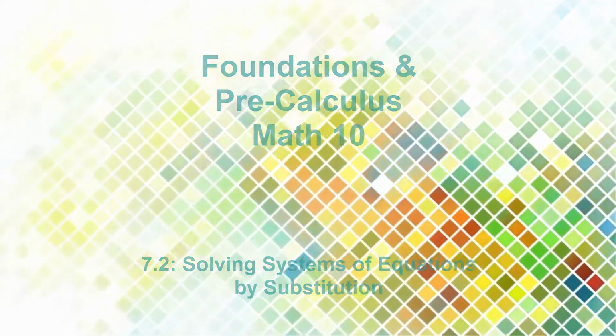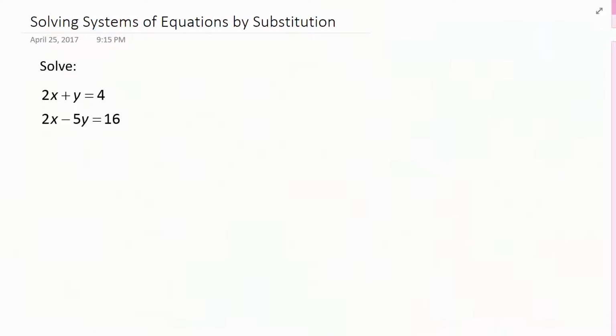Today, solving systems of linear equations by substitution. Alright, well, last class we learned that the solution to a system of equations is the ordered pair (x, y) that satisfies both equations.